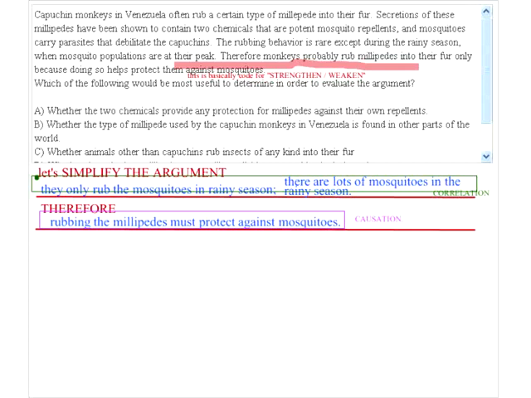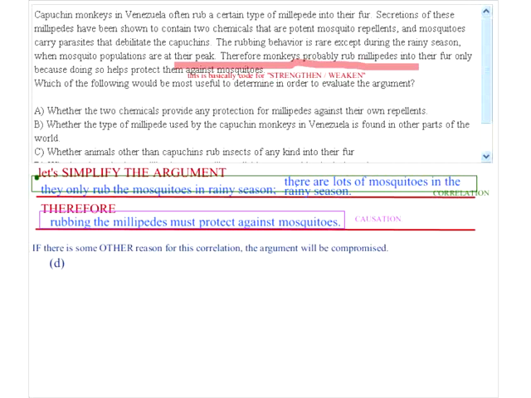Basically the argument says because they rub the millipedes, they repel mosquitoes. So if there is some other reason for this correlation, the argument will be compromised. Let's take a look at how D and E affect that.